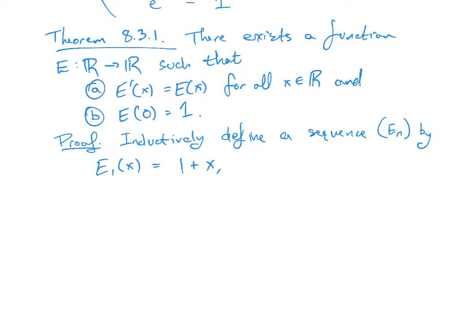e sub 1 will be 1 plus x, and then for larger values, e sub n plus 1 will be 1 plus the integral from 0 to x of the previous one. And you'll note that obviously we changed the variable inside the integral as normal.